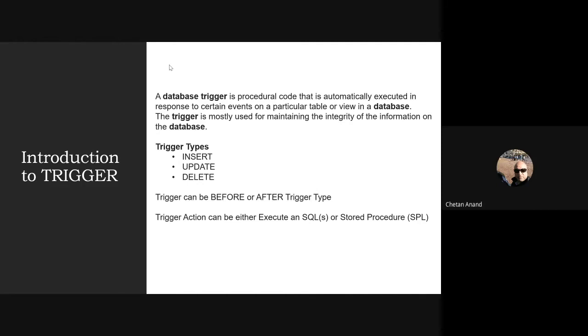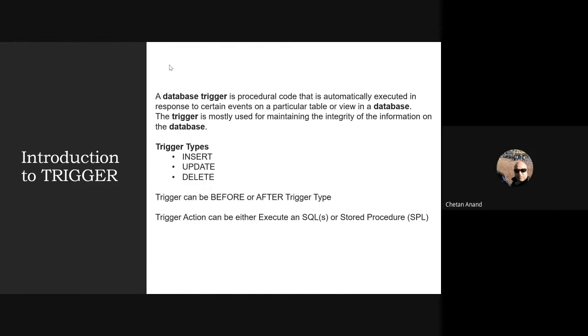Whenever you insert something, you can send an SMS or update something in another table. Whenever you do an update on the table or on a column, you can trigger some other action. The action can be a normal SQL statement or a stored procedure.